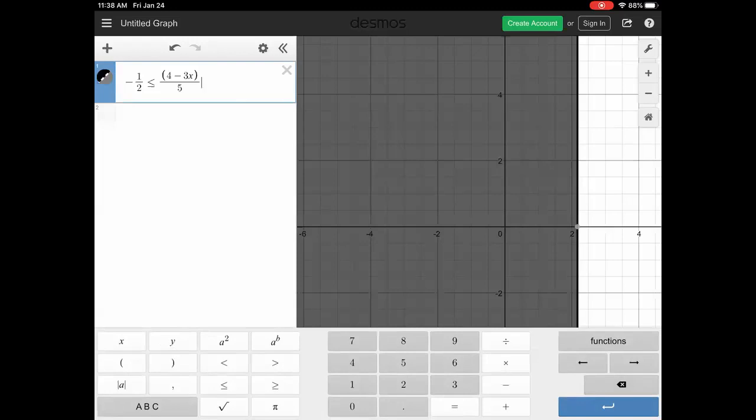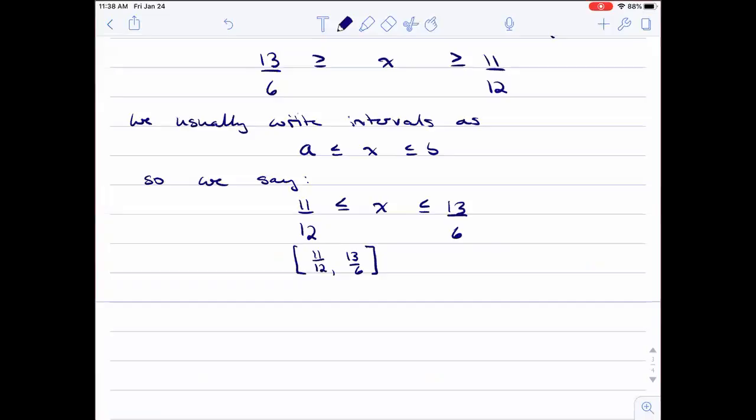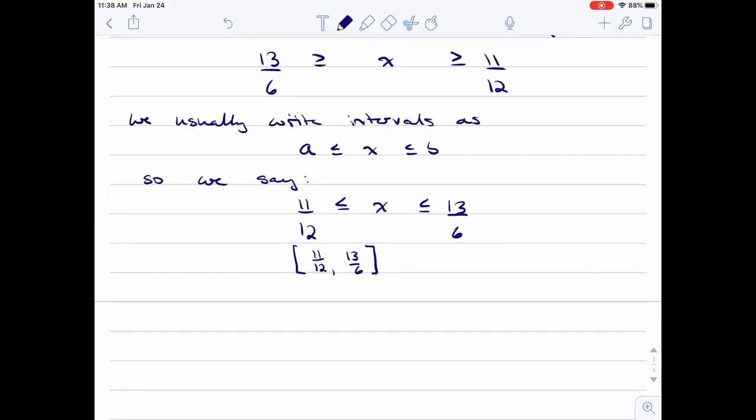What you can do is hit this little button here, and it'll tell you that when x is 2.167, all the values less than that of x satisfy this inequality. If we convert 11 over 12 to a decimal, we get 0.91666.